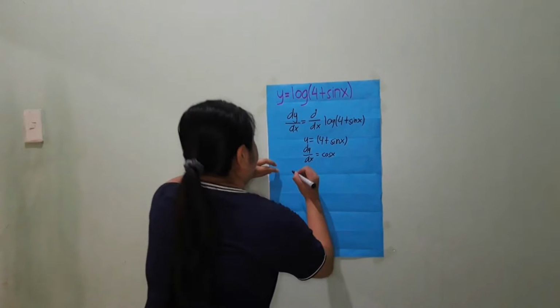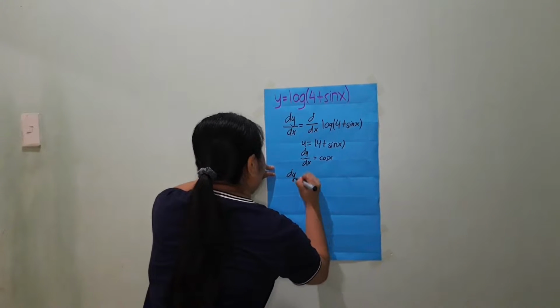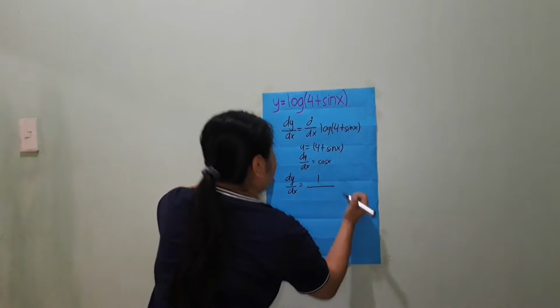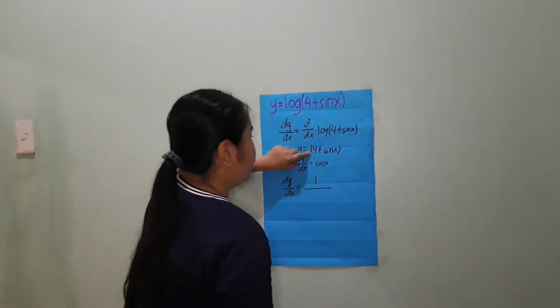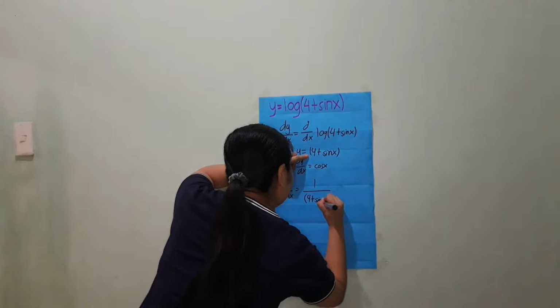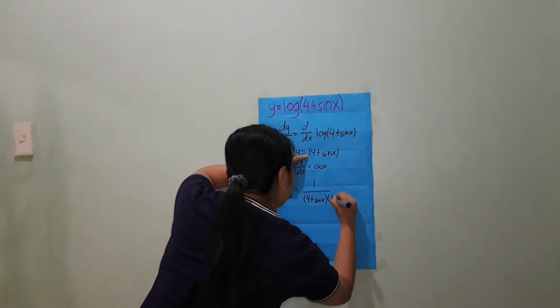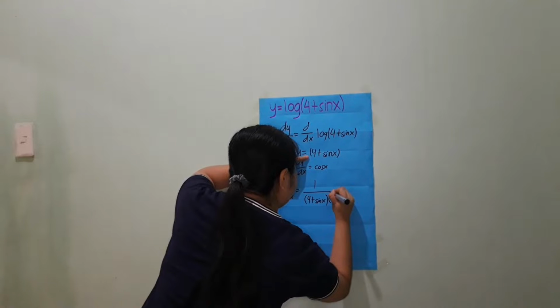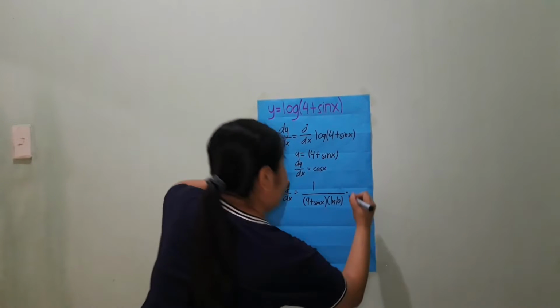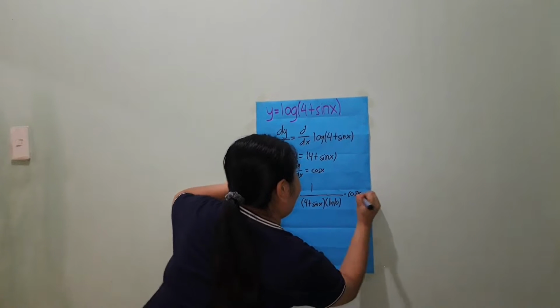After that, kakaroon tayo ng dy all over dx is equal to 1 all over ang ating u, which is the 4 plus sine x times ln of 10 times ang ating derivative ng ating u, which is the cos x.